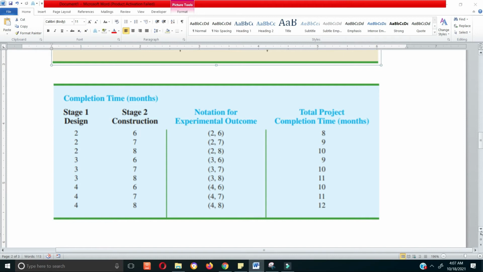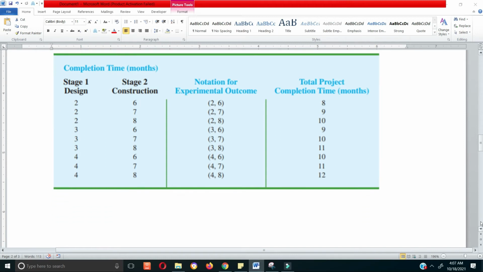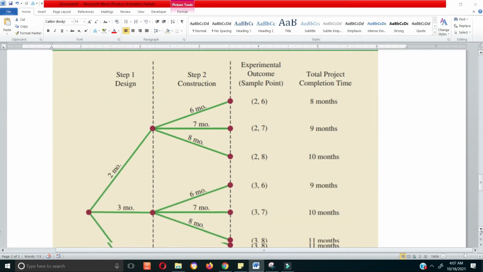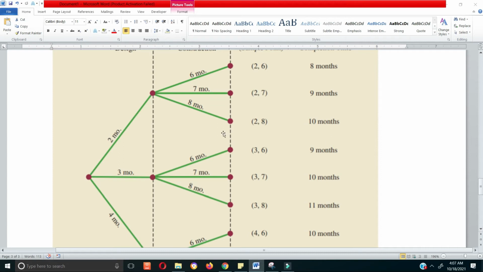If you wanted to figure out the possible outcomes, you can construct the sample space from these.